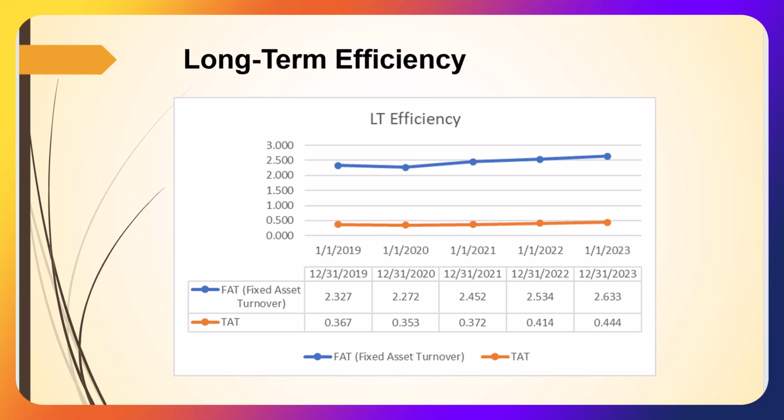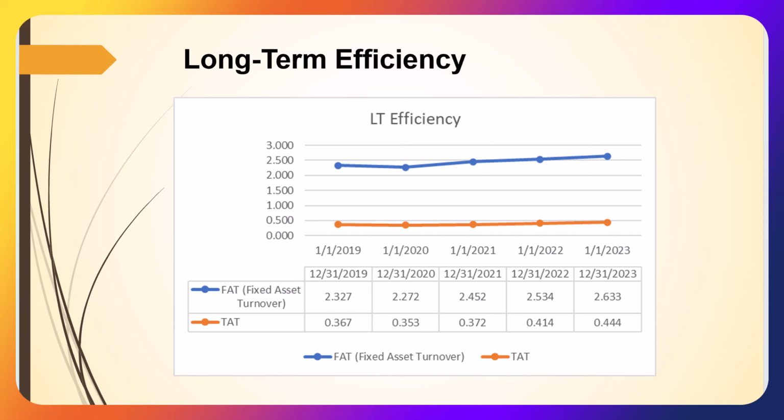But as you can see again from the graphs, we are stable. There is not much improvement or decrease in either one of these numbers. So with respect to how well we're using our plant and equipment and the other assets of the company, we can state that we are stable.